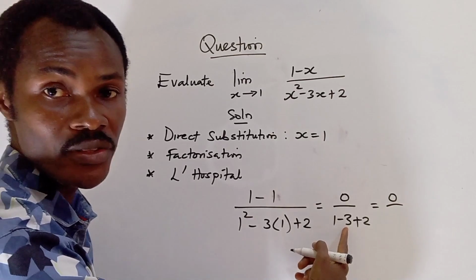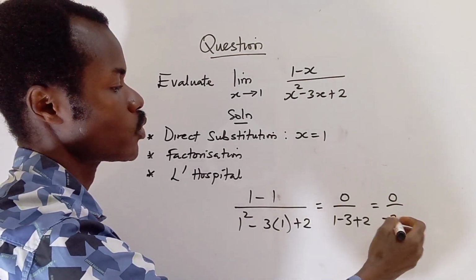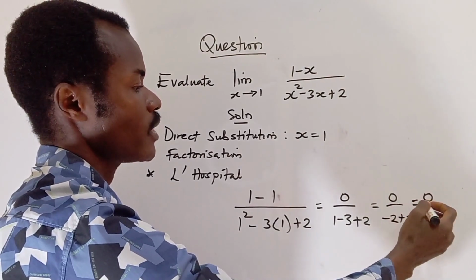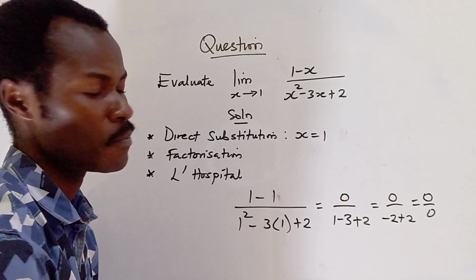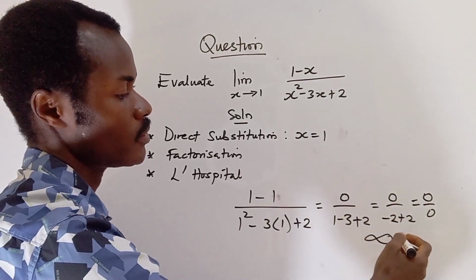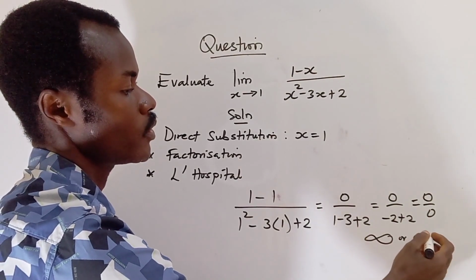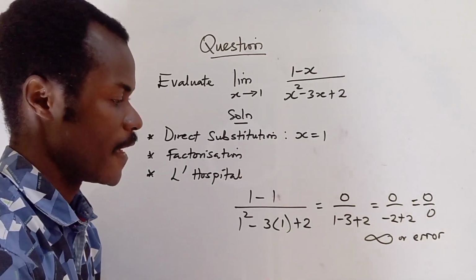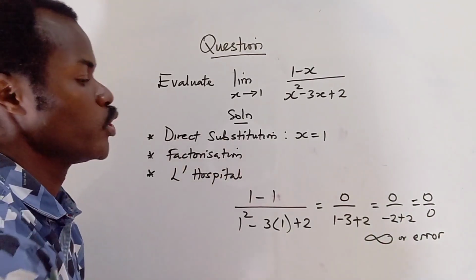Now 1 minus 3 is minus 2, plus 2. This is going to give us 0 divided by 0, and 0 divided by 0 gives us infinity, or if you push your calculator, you are going to see error.